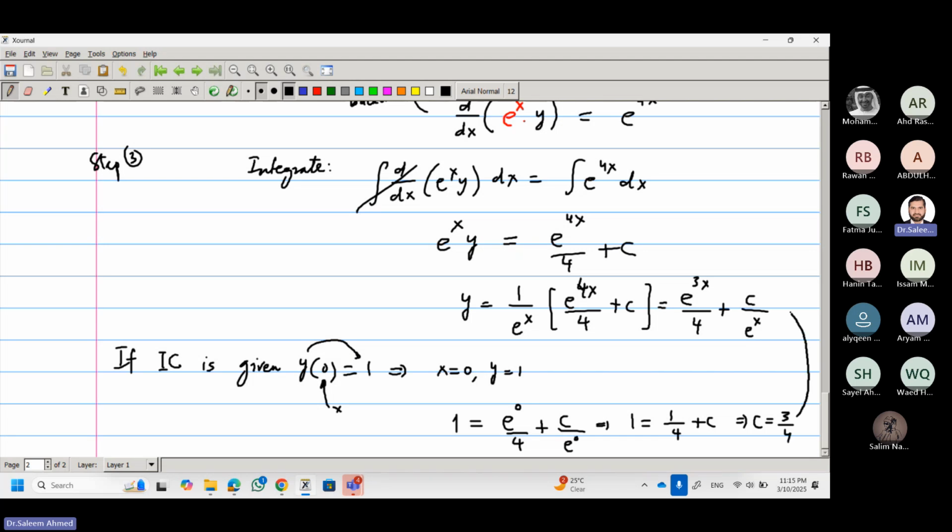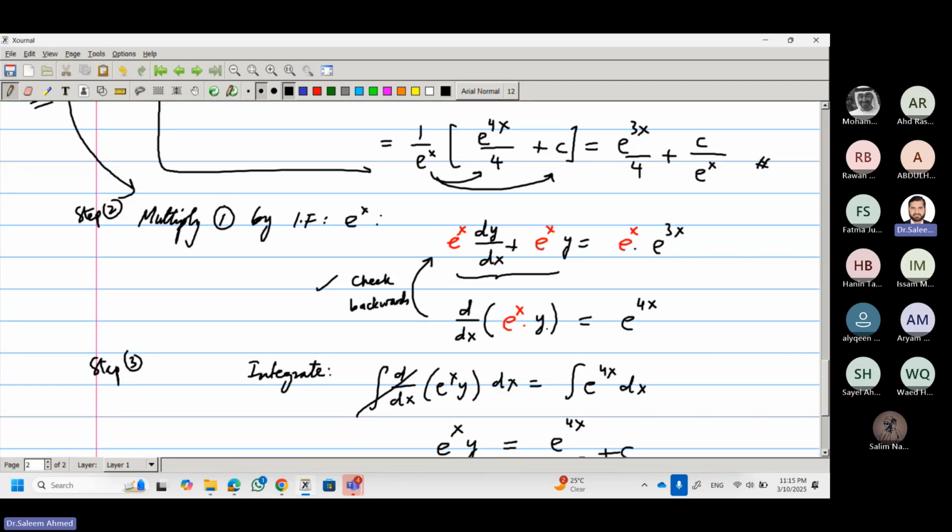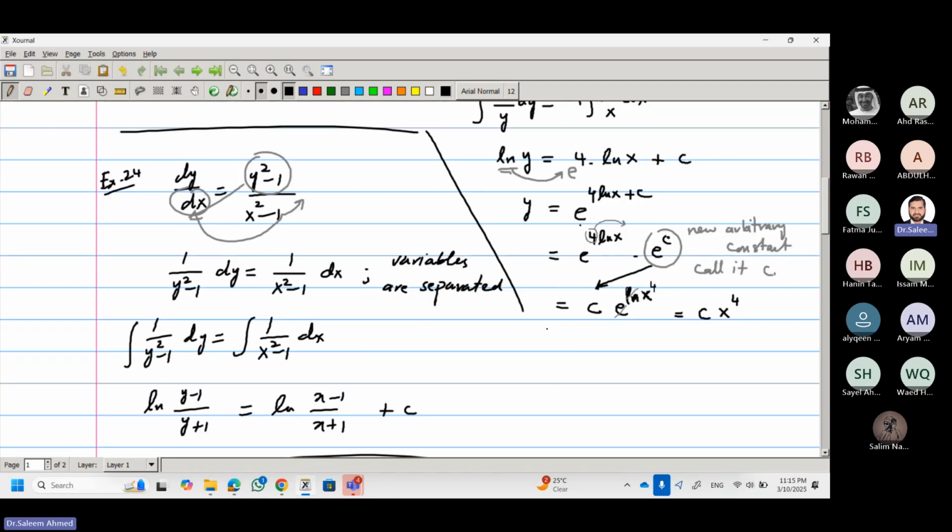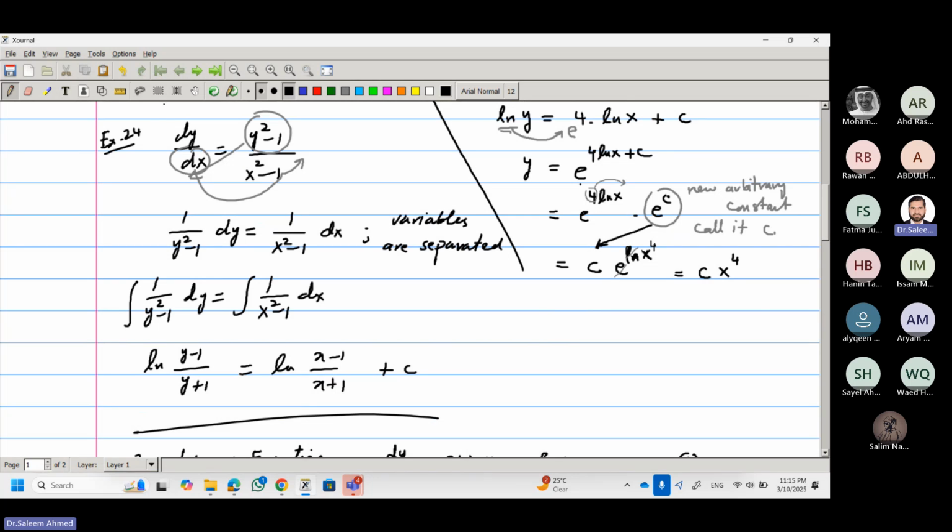Now you can put this back in your solution. If an initial condition is given in any question, not just in a linear question, even in separation of variables, I think in problem number 24 some condition was given as well, you should use that initial condition, with the values of x and y, to find the value of c.